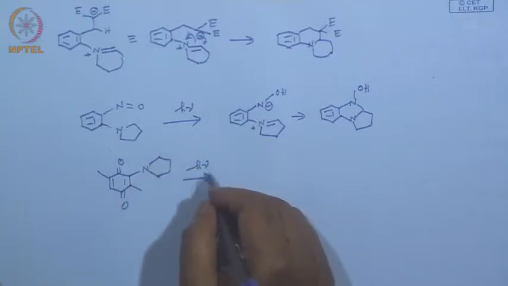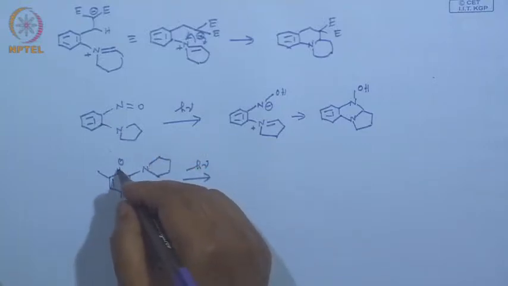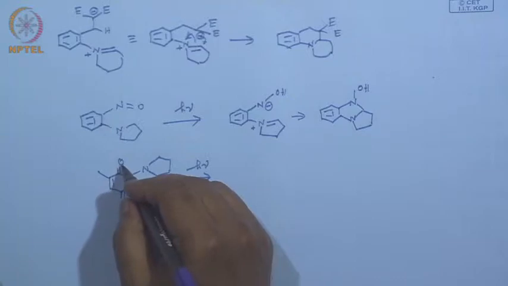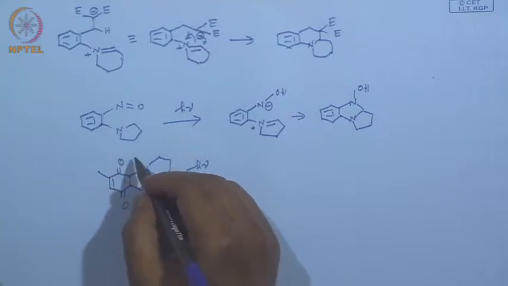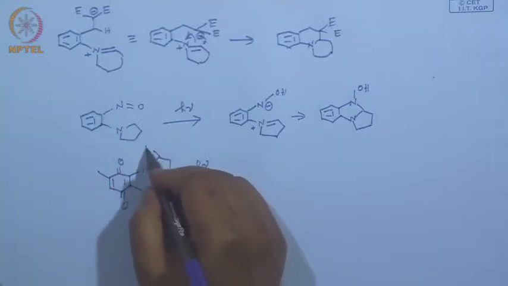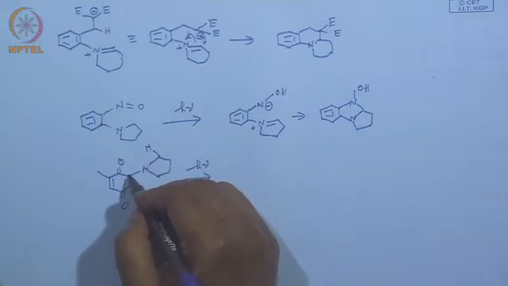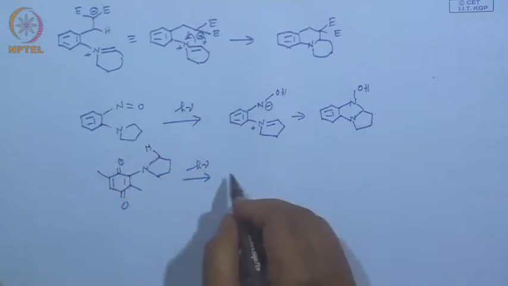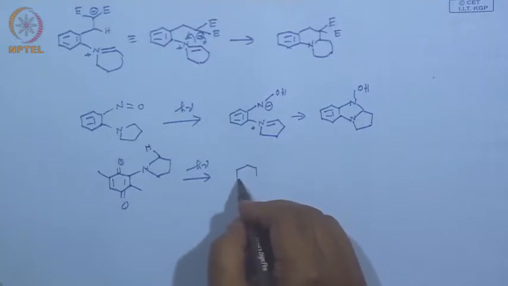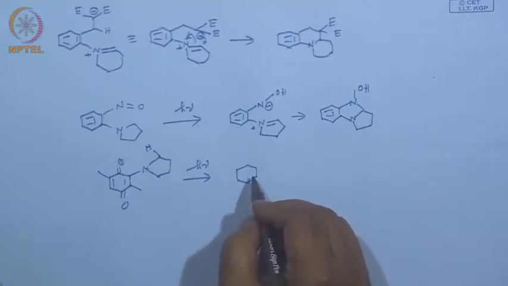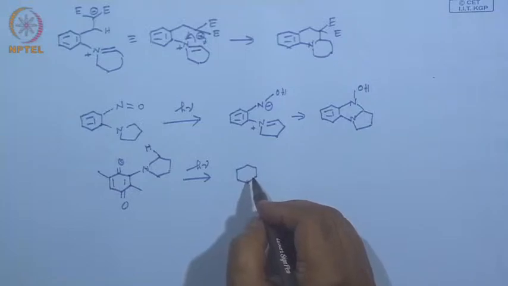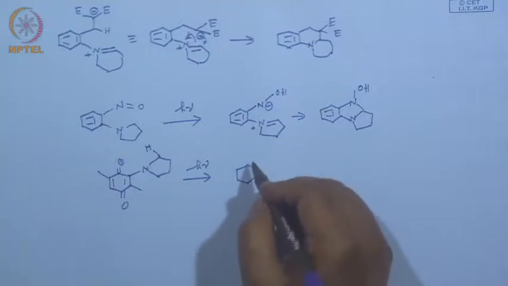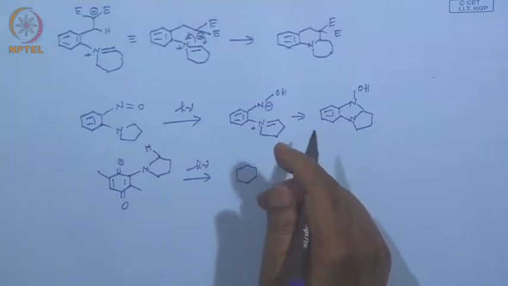So, if you photolyze it, all of us know the carbonyl would be excited, and this sort of radical is generated, and then you will have 1, 2, 3, 4, 5, 6, a 6-membered transition state. This hydrogen transfer can take place straight away, right.